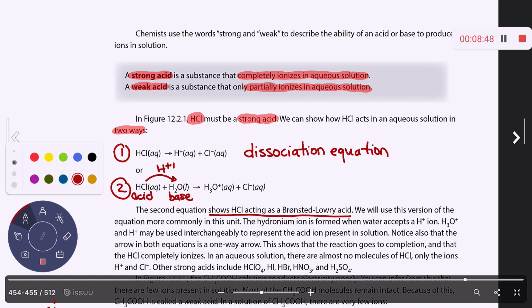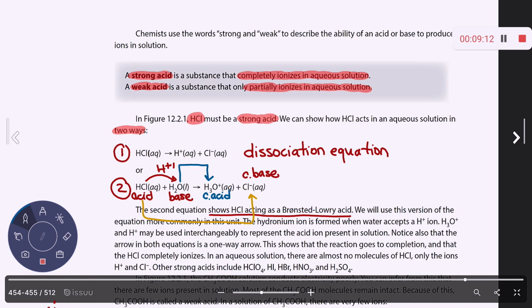And then if you partner these up, HCl gets partnered up with Cl-1, and its partner on the other side would be called the conjugate base. And then if you partner up water with hydronium, its partner on the other side would be the conjugate acid. And this is just showing how hydronium really forms in solution when you put water and an acid together.